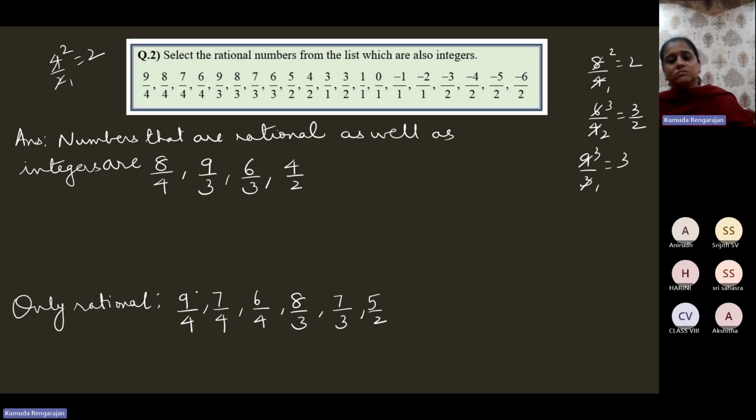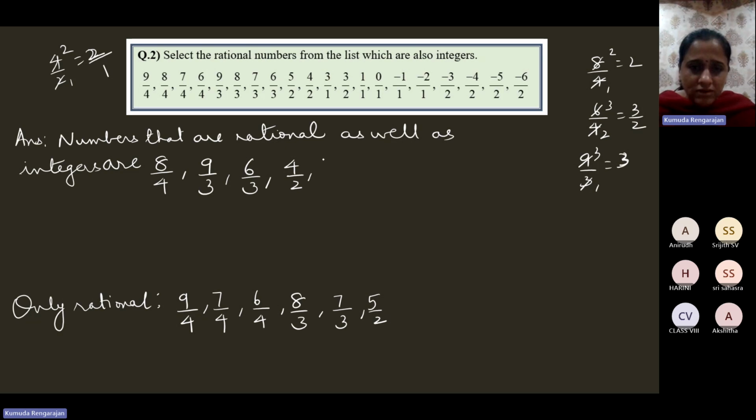If you feel that when it reduces to 2 it is no longer a rational number, see, 2 is 2 by 1, integer by integer, a rational number. Now look at this 3: 3 is 3 by 1. It is rational as well as integer. So Harini is right. 4 by 2 is rational as well as an integer.